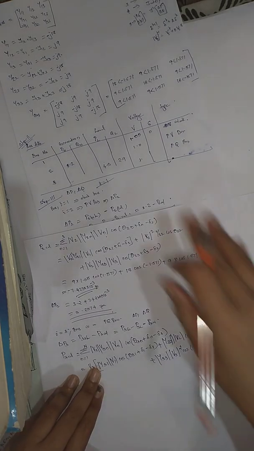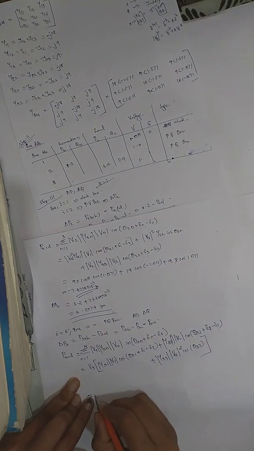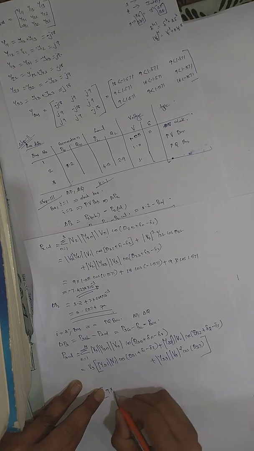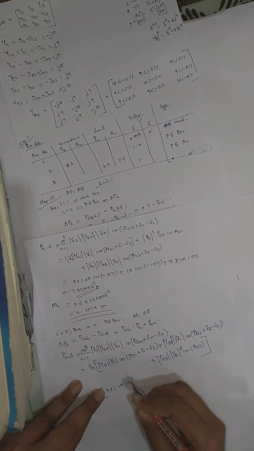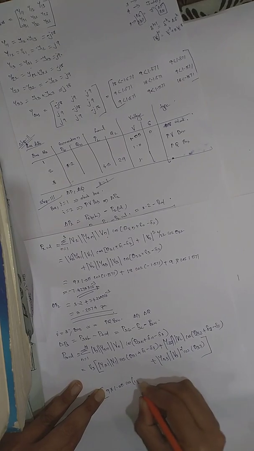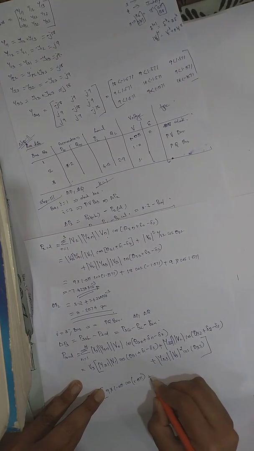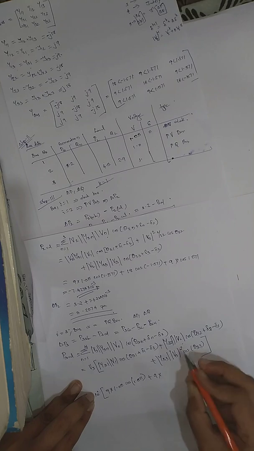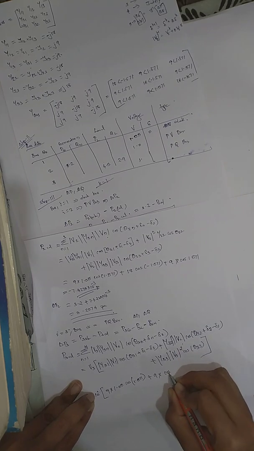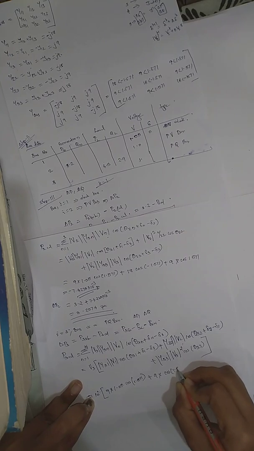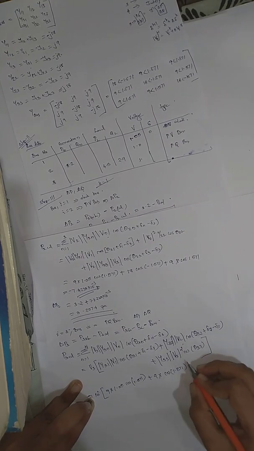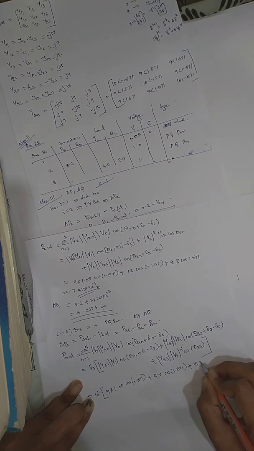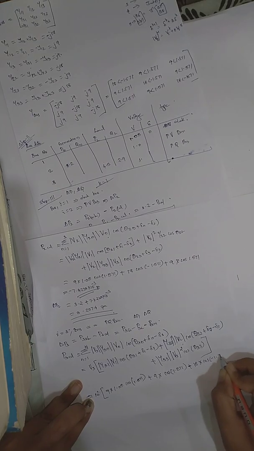What was Y31? That is equal to 1 into 9 into V1. V1 value is 1.05 into cos of theta 31. What was theta 31? That is 1.571, plus Y32 is 9 into V2 value, which is 1 again, into cos theta 32 value 1.571, delta 2 and all those values are 0, plus Y33. What is Y33? 18 into V3 square into cos theta 33 is minus 1.571.